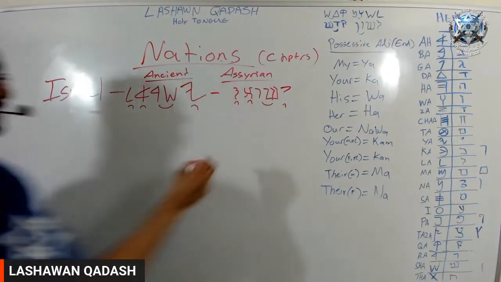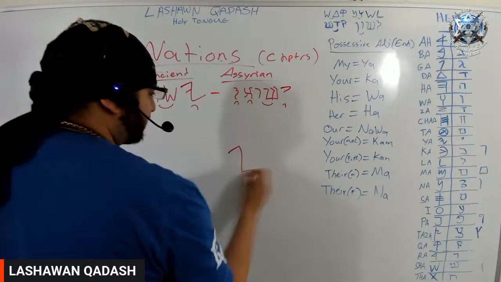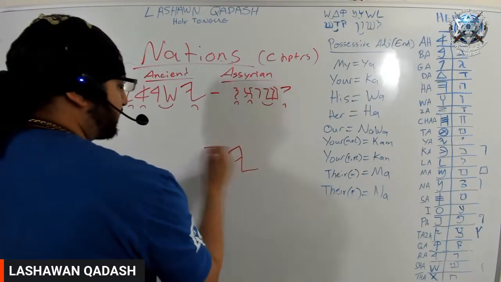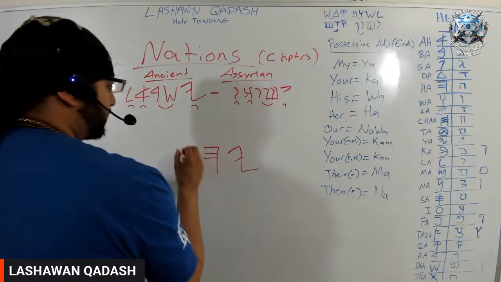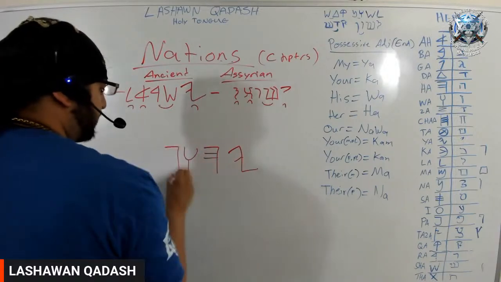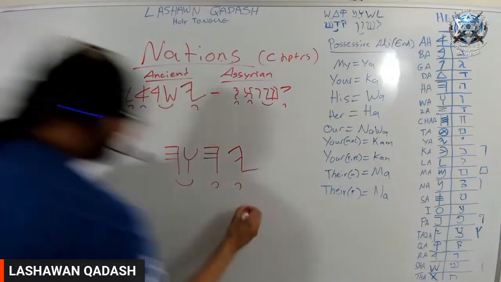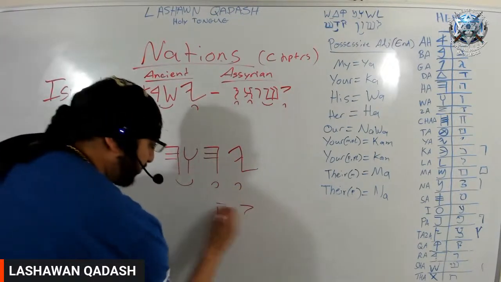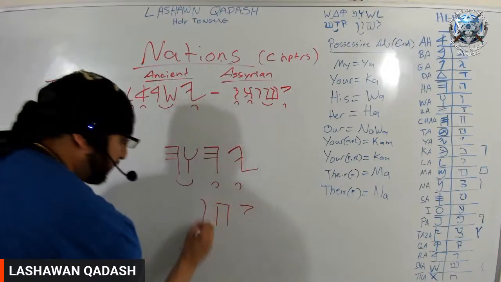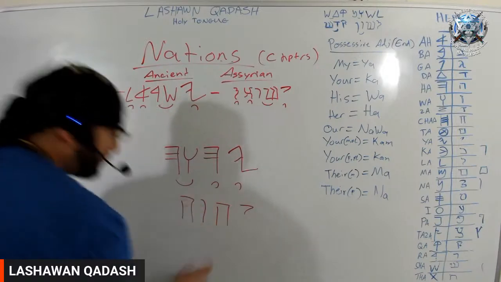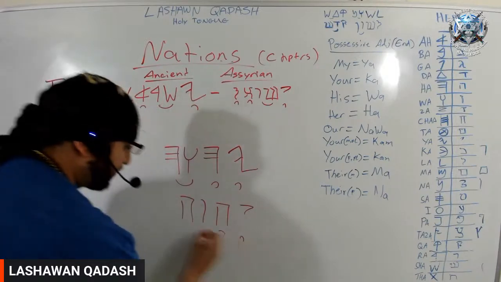And how do you know that? Because when you say the Most High's name, Yahweh, there are no vowels here. I should be able to write them in both versions with no effort, right?